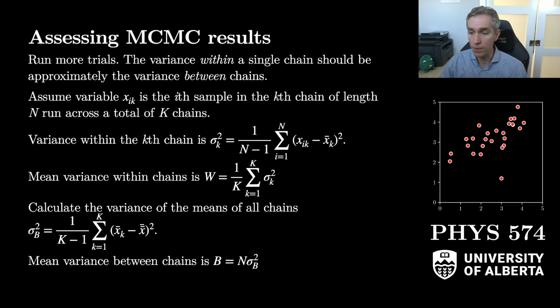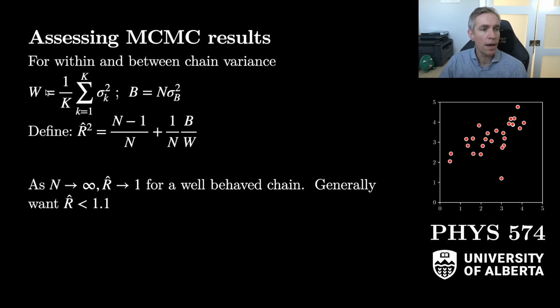Then what we do is we compare W and B. So we have the within-chain variance and the between-chain variance. And then we define this statistic, R hat, here I'm just reporting the square of it, which is the ratio: (n minus 1)/n plus (1/n) times B over W, so between-chain over the within-chain variance.